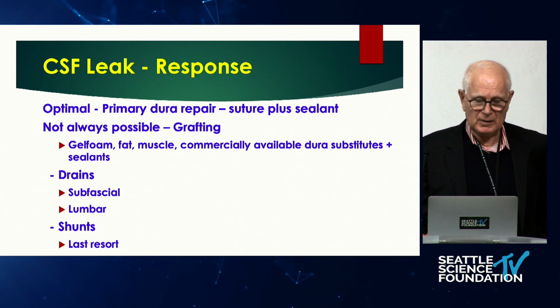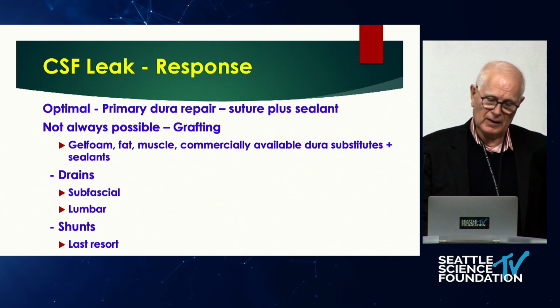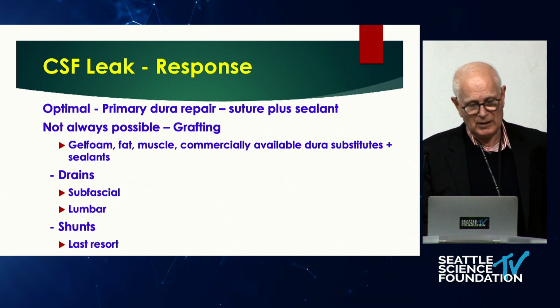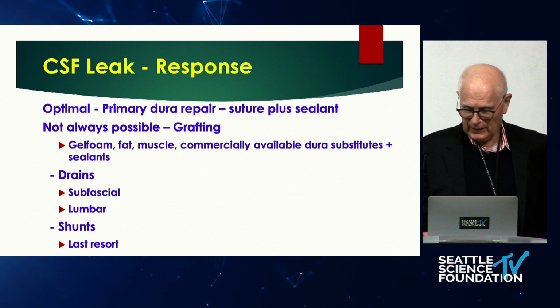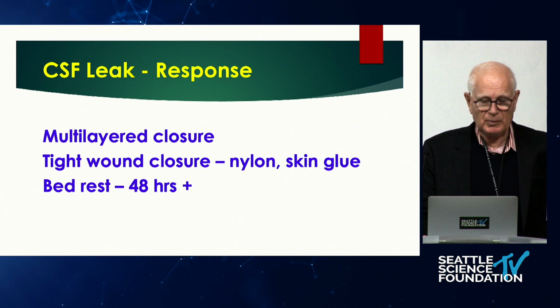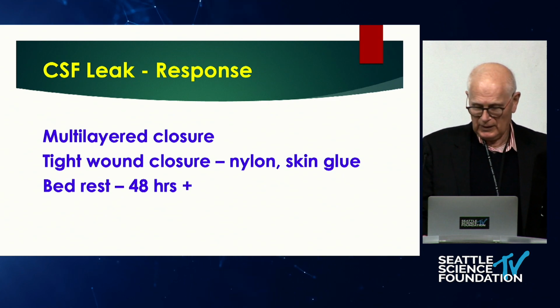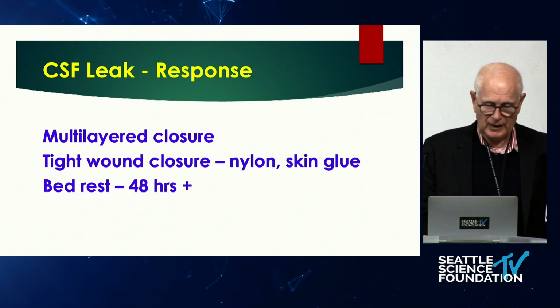If it's not possible, grafting is an option using a variety of dural substitutes and sealants. We use drains and, as the last resort, a shunt. We try to close the wound as tightly as possible using skin glue and keep the children on bed rest for 2 or 3 days.